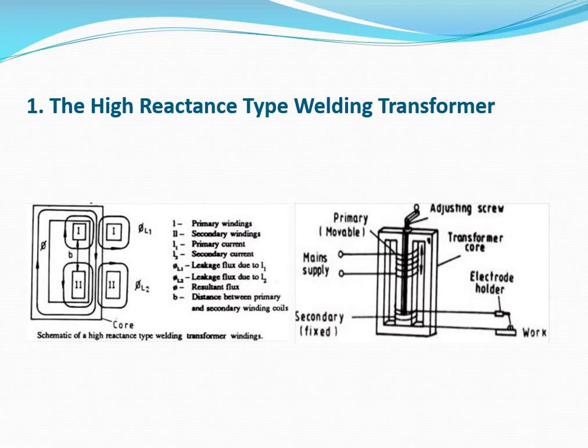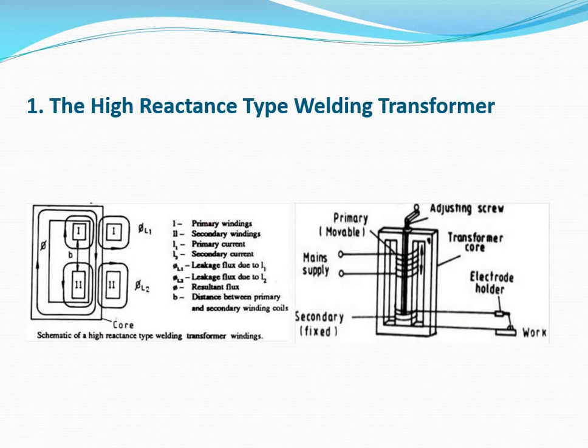In the diagram here, these partial fluxes are marked as phi 1, phi L1 and phi L2. In other words, these are responsible for the reactance of the coils and the respective reactive voltage drop across them.